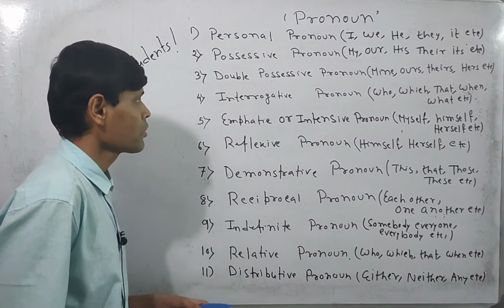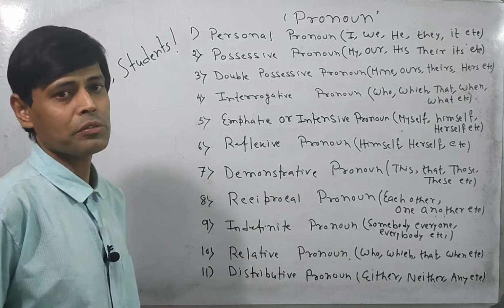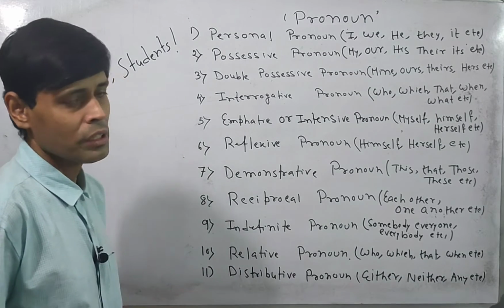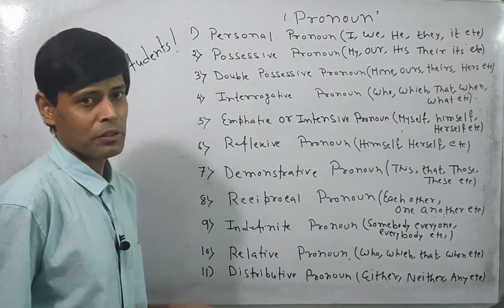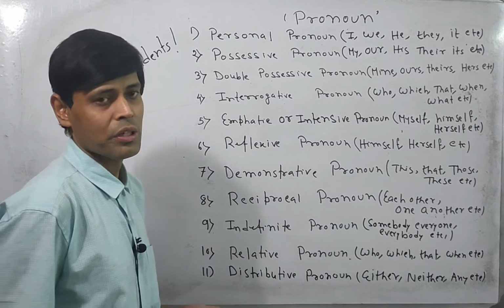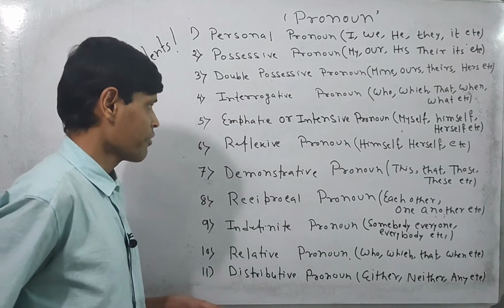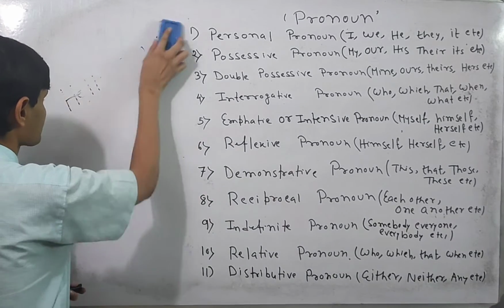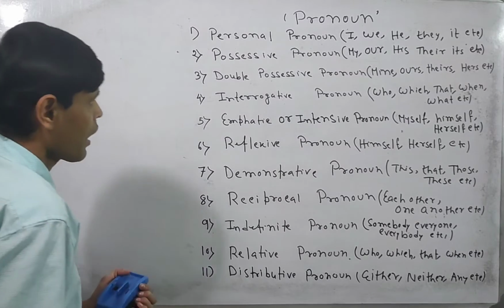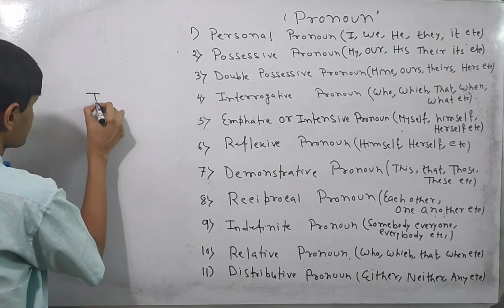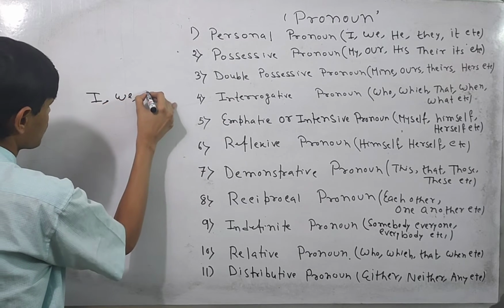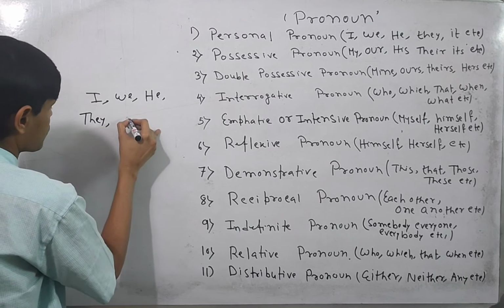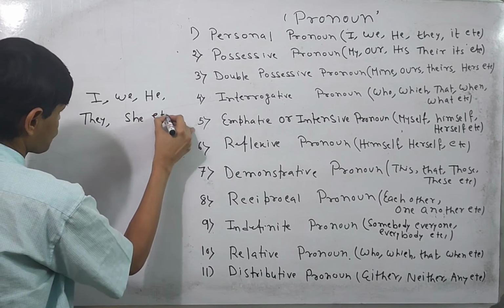Now be careful about the personal pronoun. What is called personal pronouns? Generally, I, we, he, they, it, she. That means they are called personal pronouns and they are basically used as subjects. If I just write the words I, we, he, they, she, etc., all are personal pronouns.